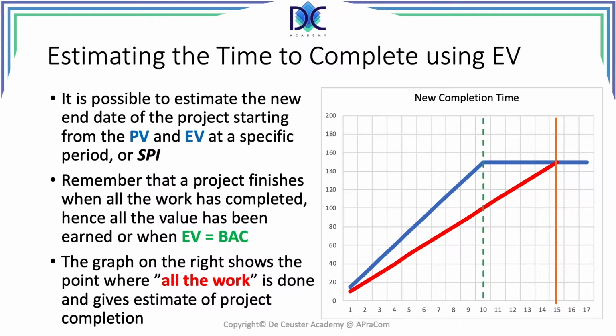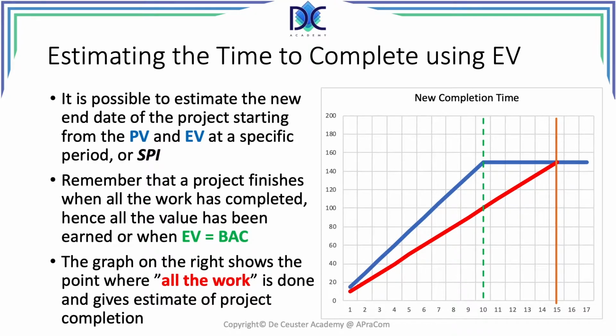So we can draw the line from the start and continue that line until we reach the budget at completion or the planned value where we have the total budget or all the deliverables created, which means when we reach that point, we earn the value of all the deliverables, which is also the completion of the project.